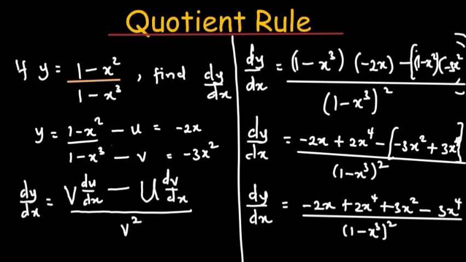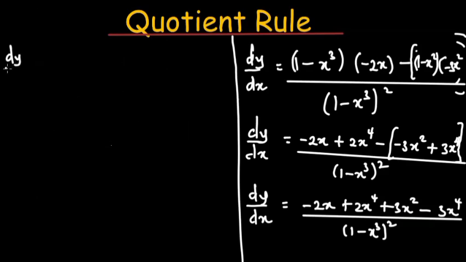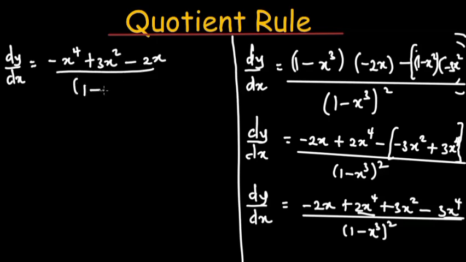Let me clear out this part. Collect like terms and say that dy dx is equal to, this will be 2x to the power 4 minus 3x to the power 4. So we can have that as minus x to the power 4 plus 3x squared plus 3x squared minus 2x, all over 1 minus x cubed all squared.